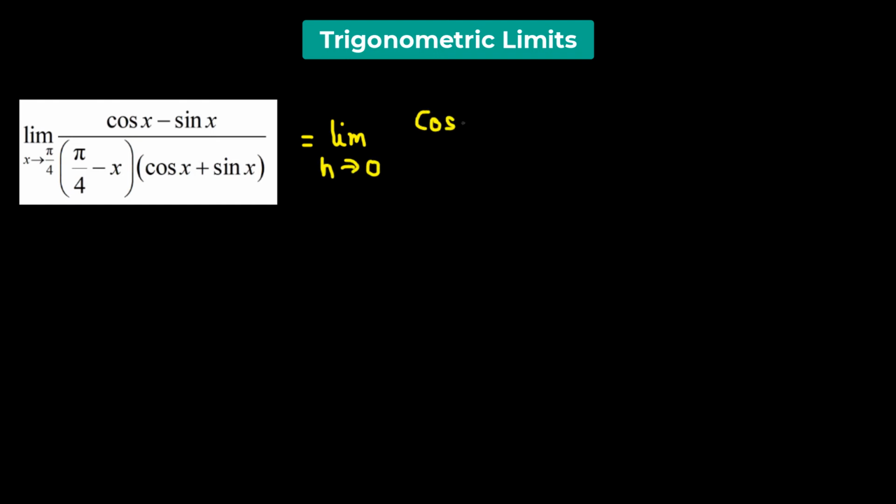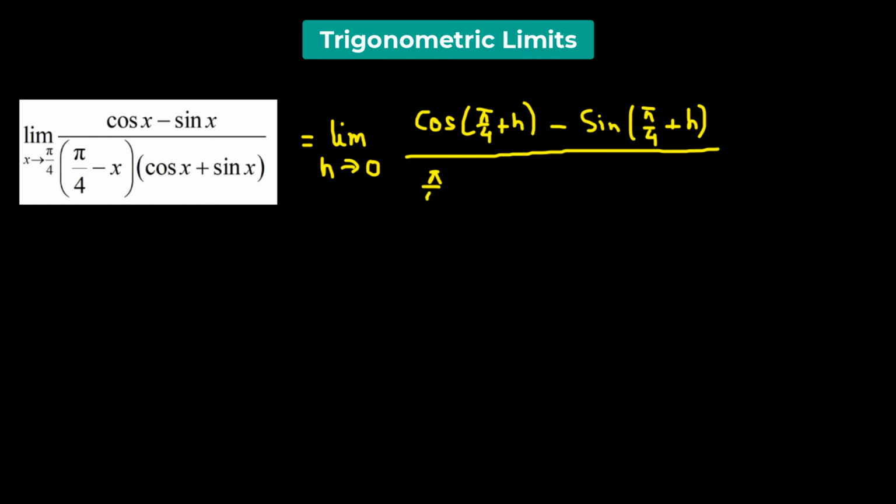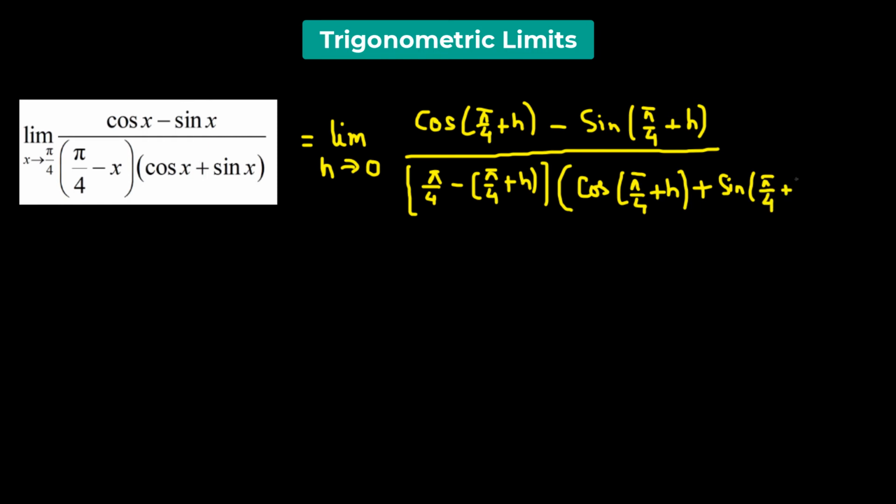In the numerator we have cosine of pi over 4 plus h minus sine of pi over 4 plus h, whole divided by pi over 4 minus (pi over 4 plus h) times cosine of pi over 4 plus h plus sine of pi over 4 plus h.